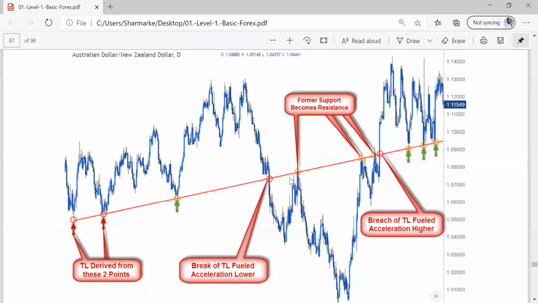That became a valid support line. And here, as we can see, the trend line was broken again here to the higher side. And then we have a touch here, a touch here, a touch here. So the market moves around between one trend line and the other trend line. So it usually works as support and resistance.